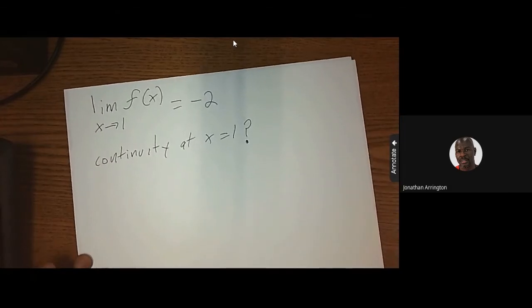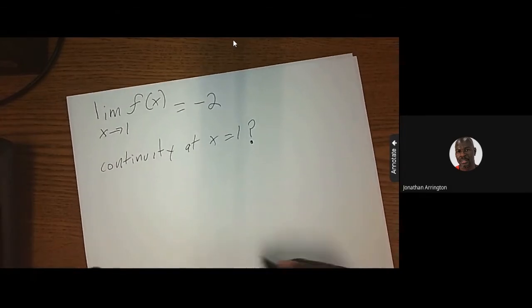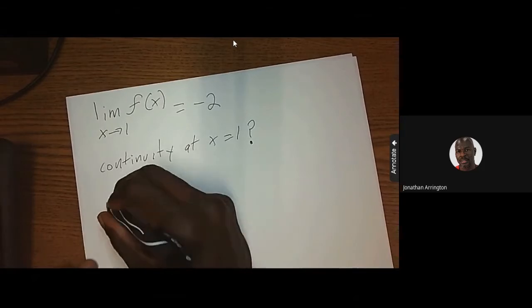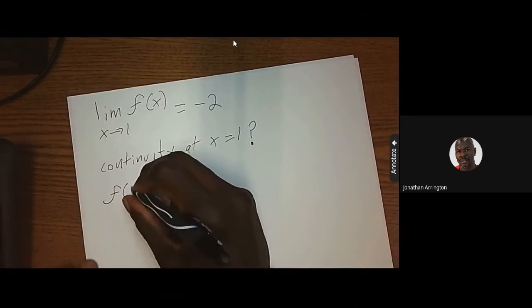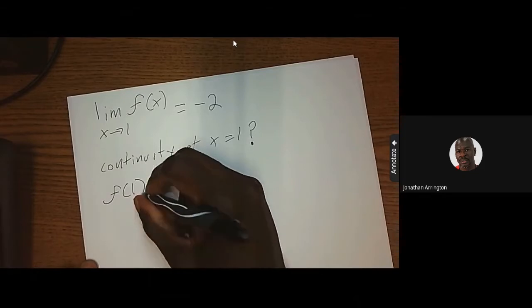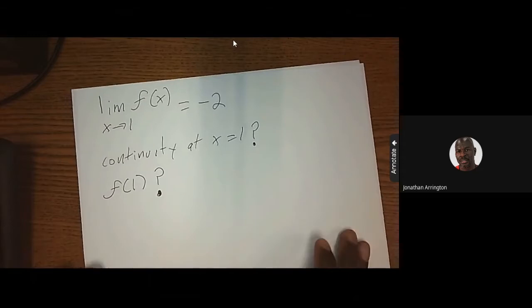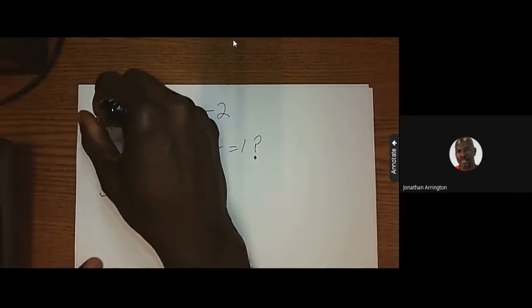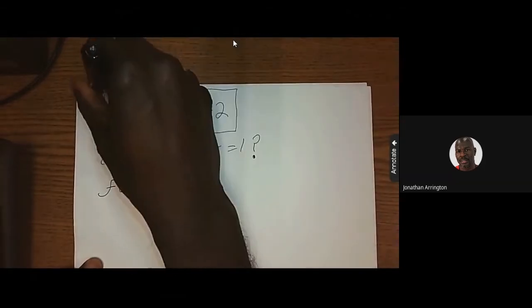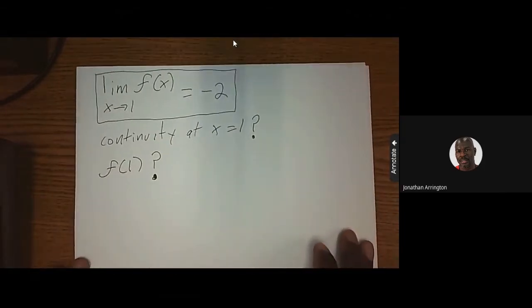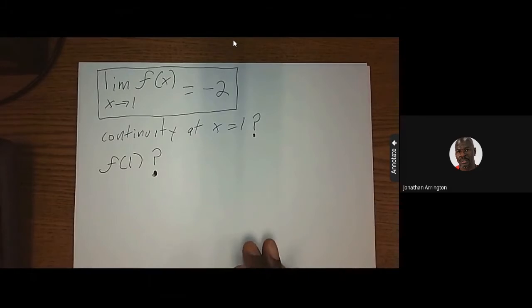Does it tell me anything about the value of f of 1, or f of 1 existing? So does this statement at all address continuity, the value of the function at the point?